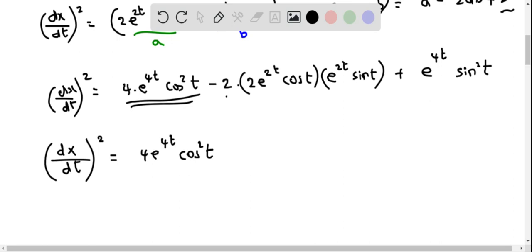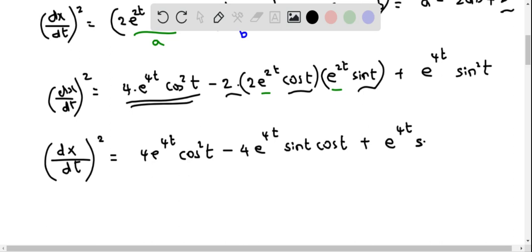Now for the product term, 2 times 2 is 4, so this becomes negative 4, and e^(2t) multiplied with e^(2t) gives e^(4t), and then cos t multiplied with sin t, which I can write as sin t cos t, plus the last term e^(4t) sin squared t. So this is the simplified form of (dx/dt) squared.